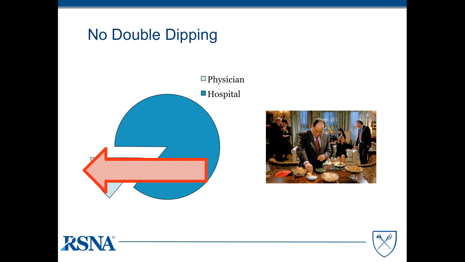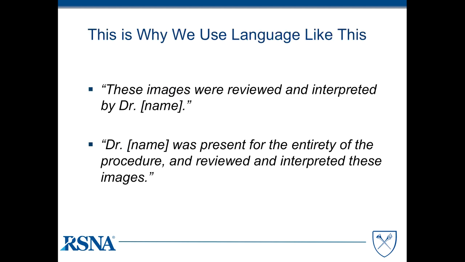So they prohibit me as an attending from billing for a service that was provided only by my resident. That is, if you as a trainee interpret and sign a report, and I didn't even look at that study, then you did all the work, and I can't bill for it. Again, because I didn't do any work. For me as an attending physician to be able to bill for that service, I need to perform my own unique work and document it accordingly.